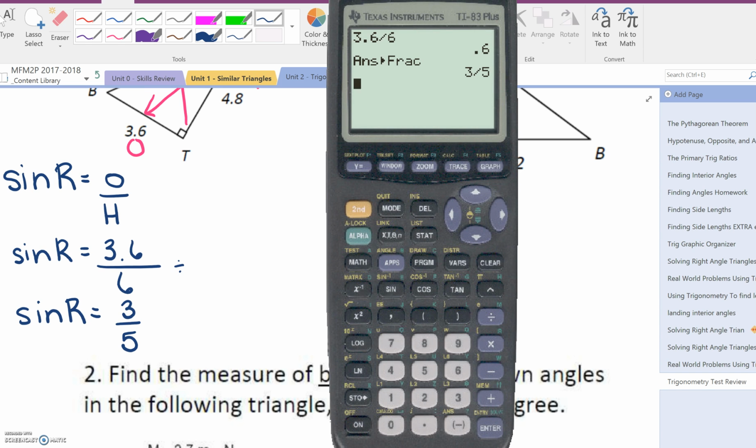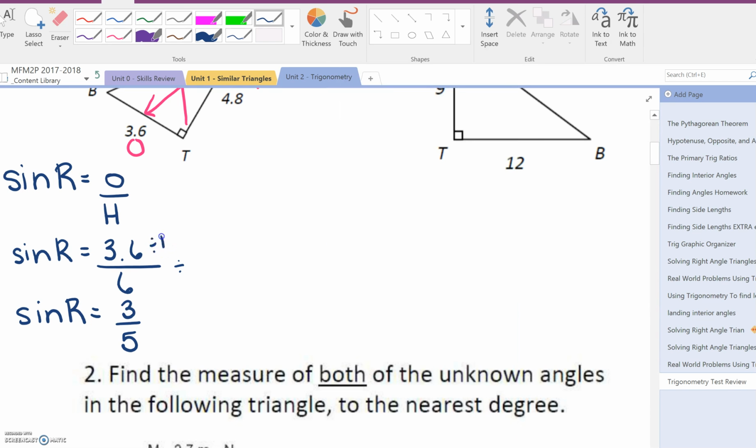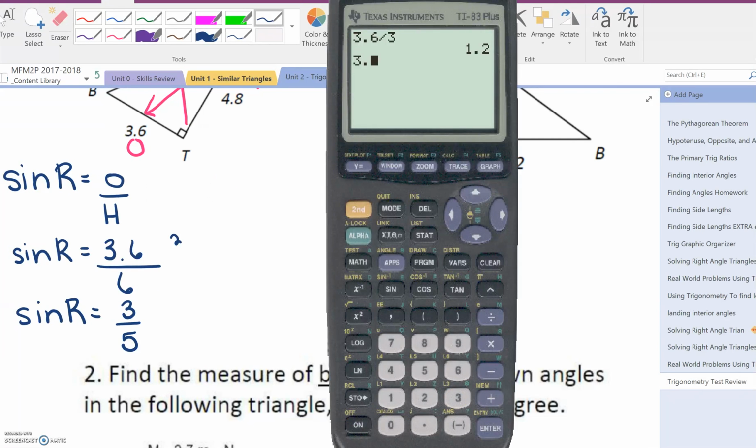Now how I get there is you take your 3.6 and you divide by 3, and it gives you, whoops, if you go 3.6 divided by 3, you get 1.2. So this means that you can divide the top by 1.2, or it's a times, sorry, in this case. I'm just going to take a look here. So it's 3.6 times 1.2. Oh, that's not working. So it's a division. I was right in the first place.